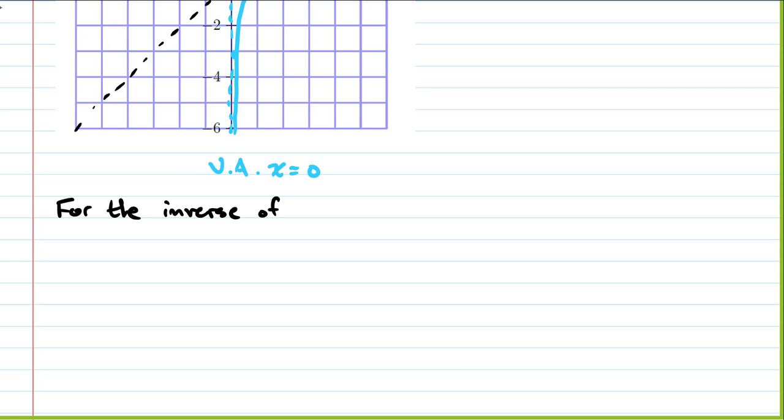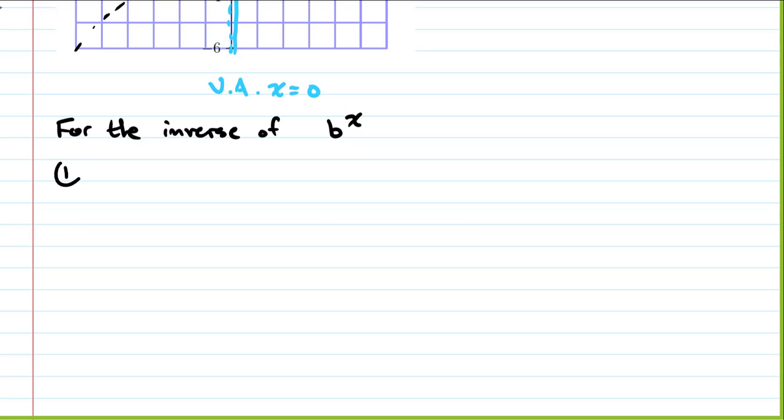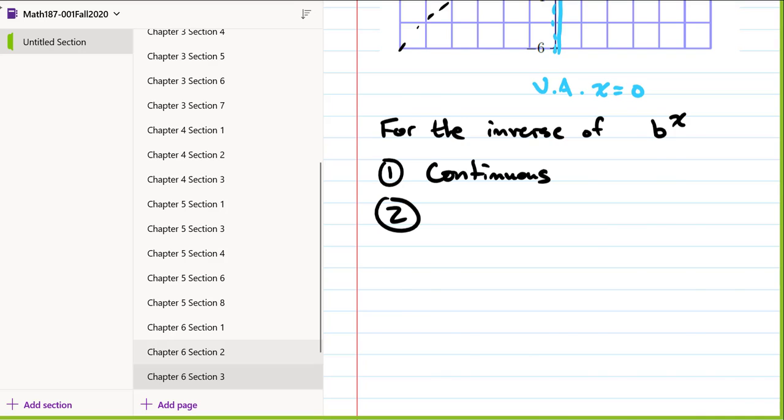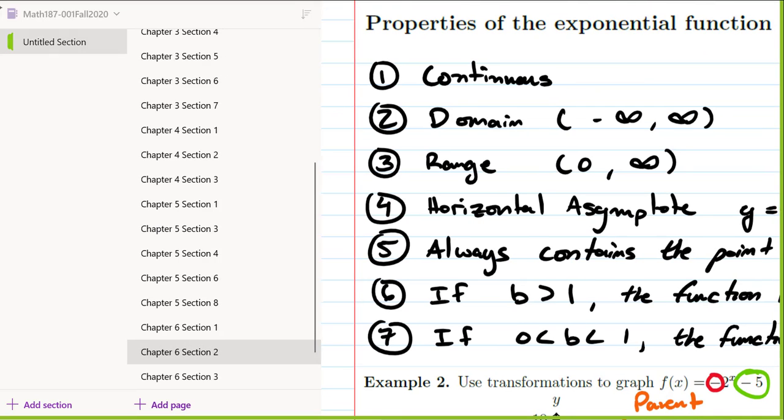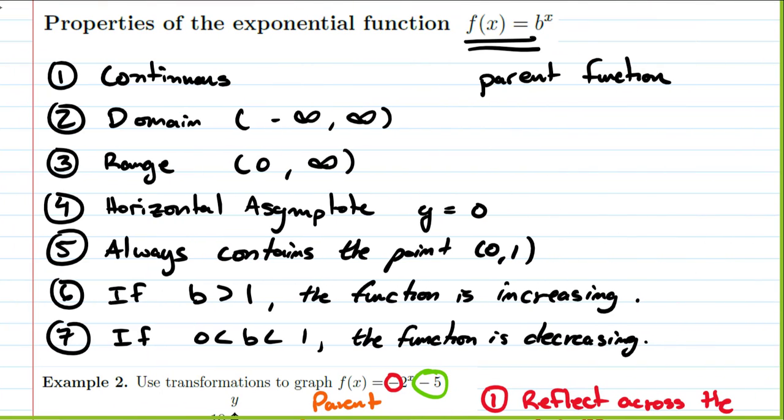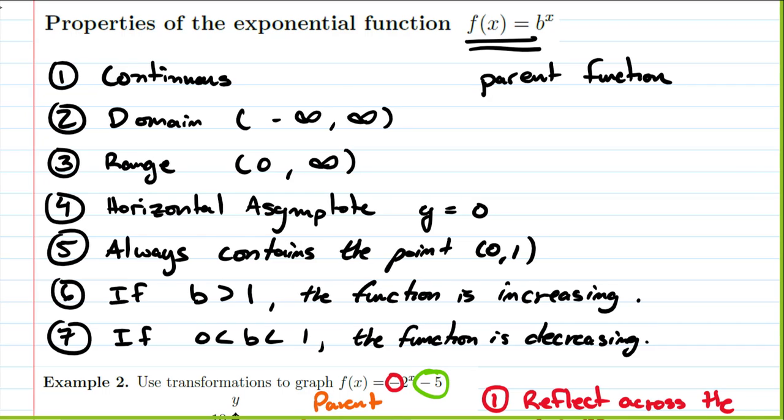So for the inverse of b to the x, we know it is continuous. We know that its domain, since we're interchanging x's and y's, is going to be the range of the exponential, and its range is going to be the domain of the exponential.